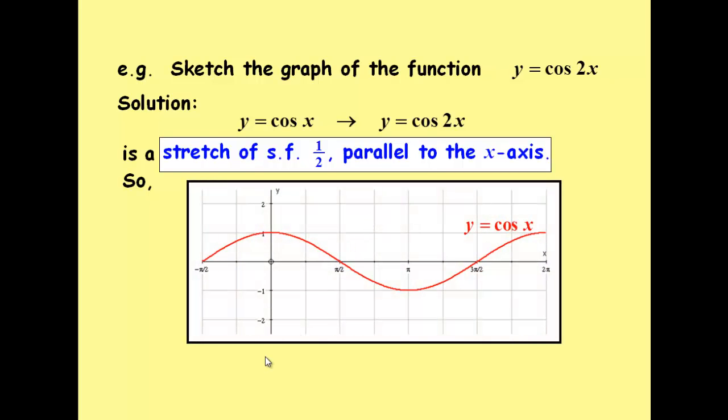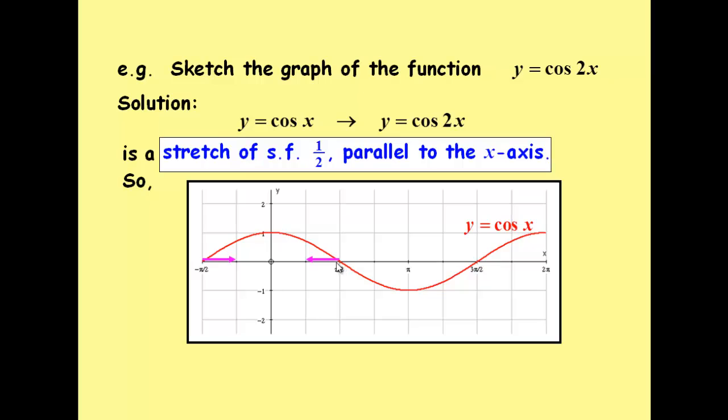So if we look at our cos graph that we're very familiar with, here starting at 0, 1 and then at 90 or pi over 2, we get a value of 0, at pi the value of -1 and so on. The effect of this stretch is to halve these x values.